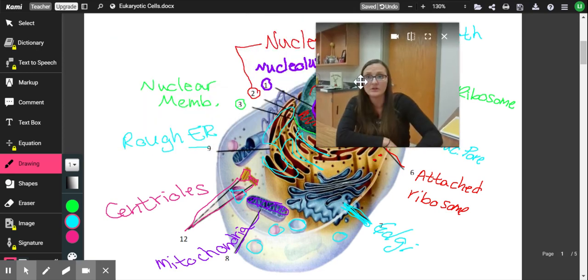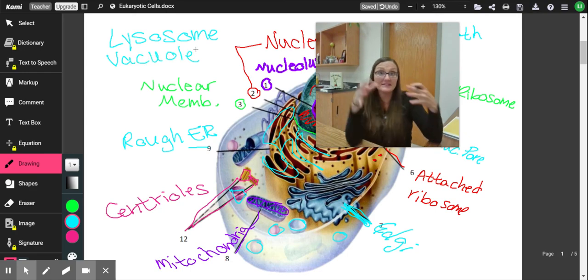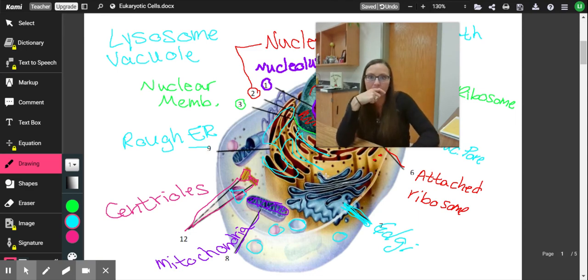So let me write that somewhere up here. Okay. Lysosome. And they're like the little garbage men of the cell. And then we also have vacuoles. But our vacuoles are very different, and we have lots and lots of them. We don't have a big central one or anything like that.